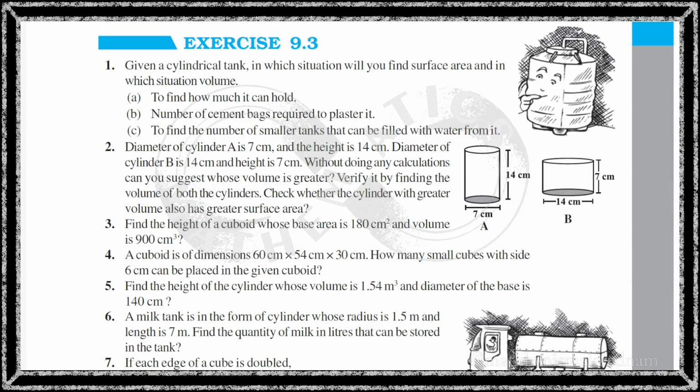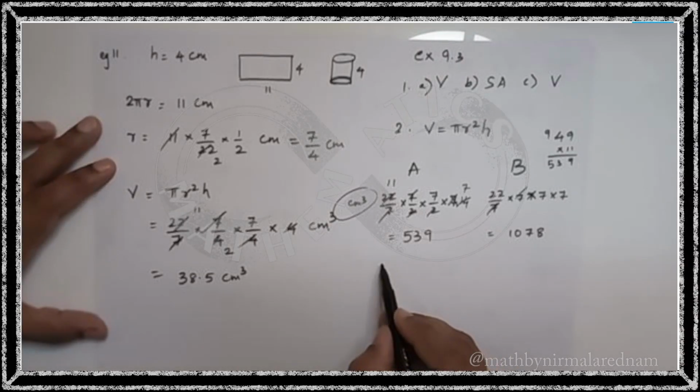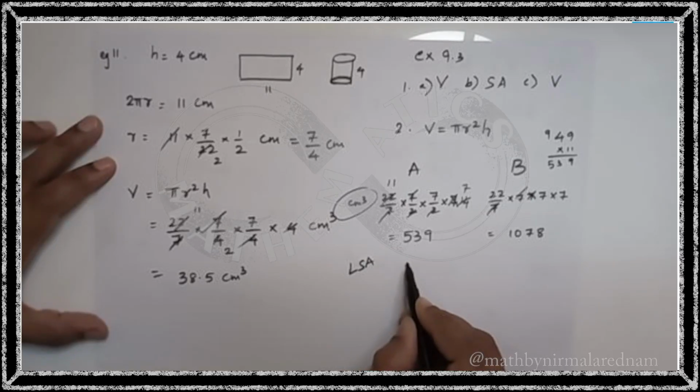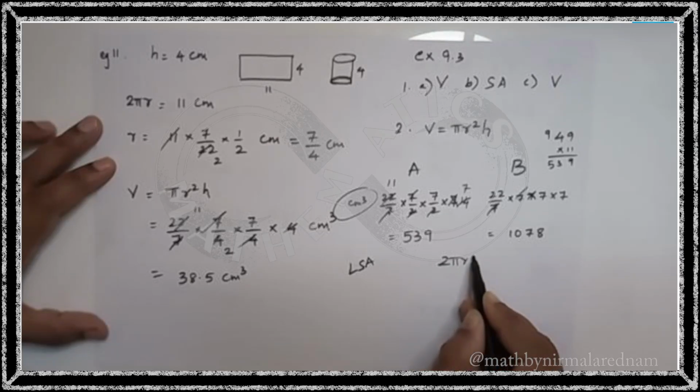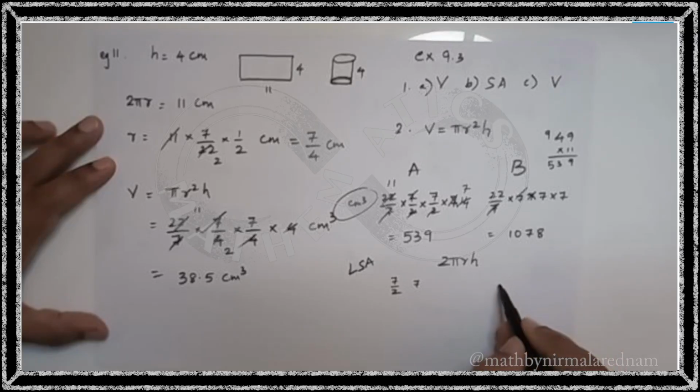Now here cylinder A has radius 7 by 2 and height 14, whereas cylinder B has radius 7 and height 7, right? Now here if you notice, when I have to find the surface area, and I'm talking about lateral surface area, the formula is 2 pi r h, right?